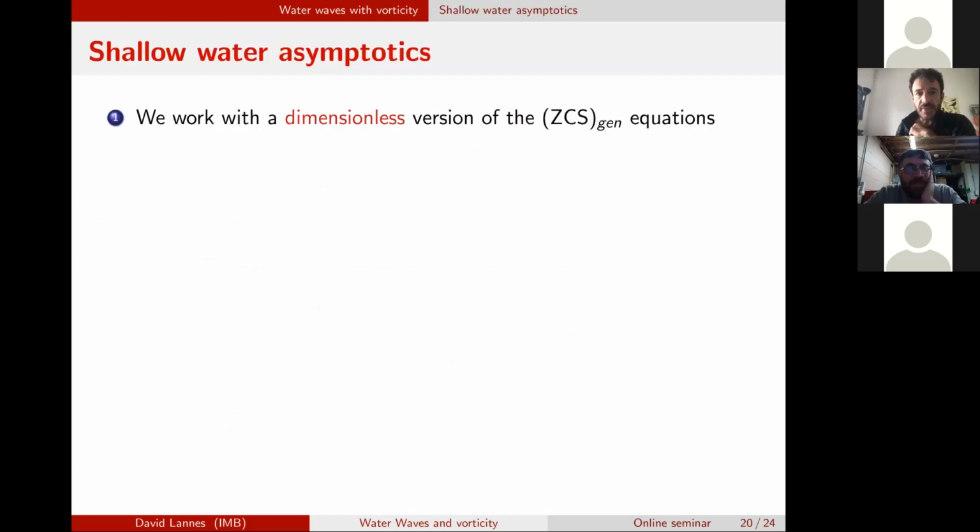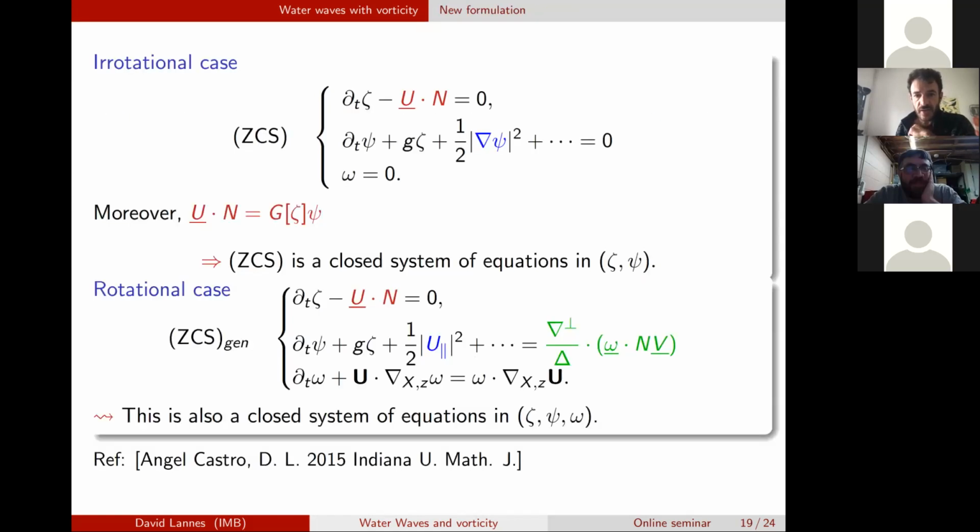But there is something a bit annoying in this generalization. In the standard Zakharov-Craig-Sulem equation, the interesting fact was that this was reduced to a set of equations of two quantities, zeta and psi, that were cast on the horizontal plane R^d.